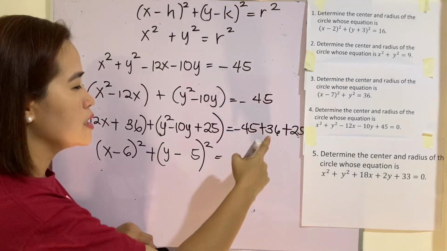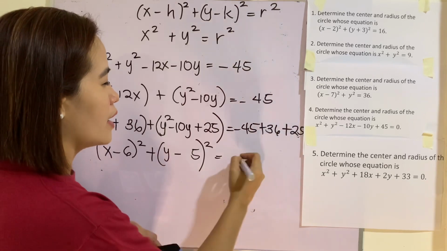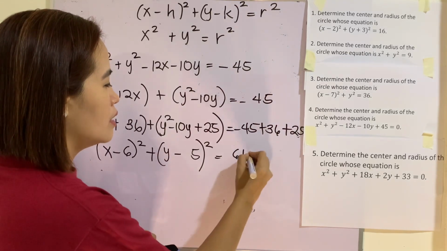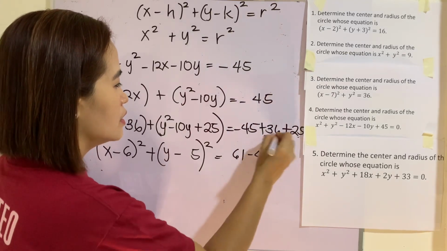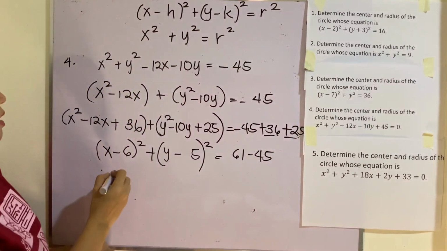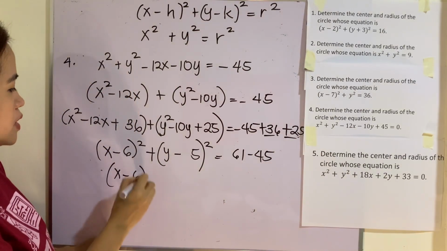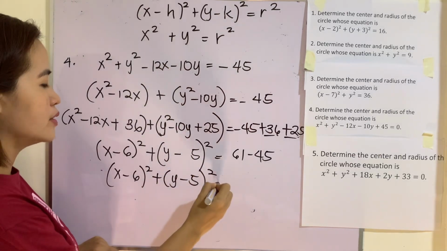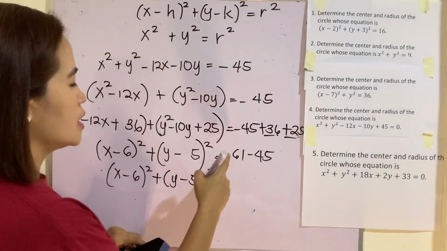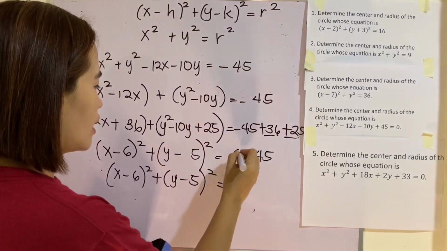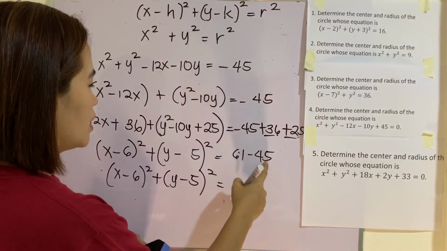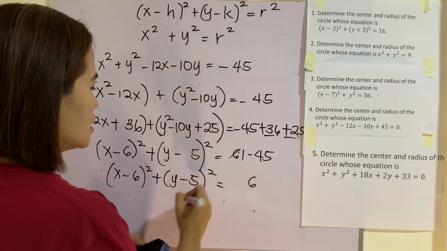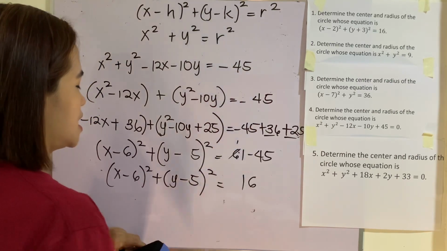This is 36 plus 25 is 61 minus 45. These two are, of course, positive. We add them. (y - 5)^2 is equal to what is 61 minus 45? That is 16.